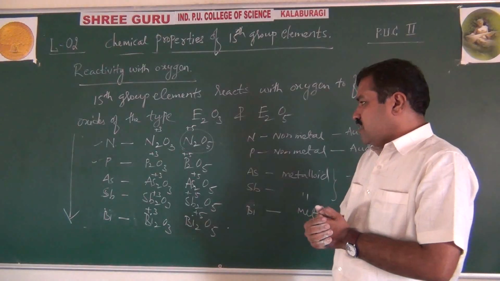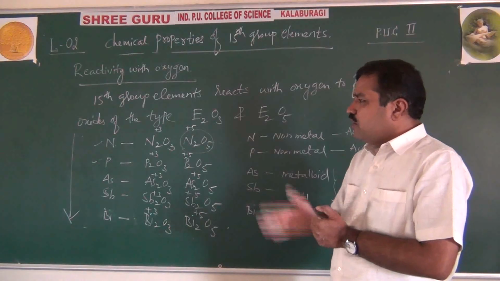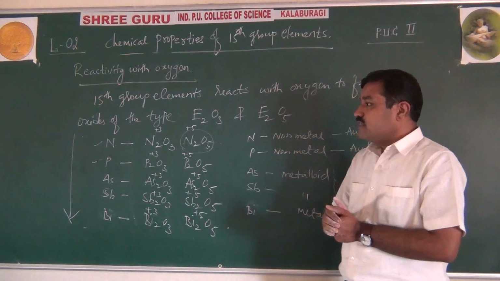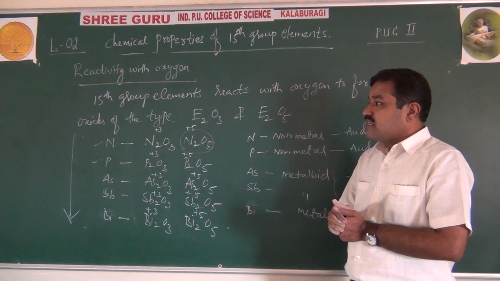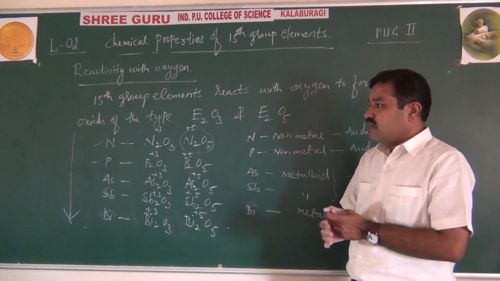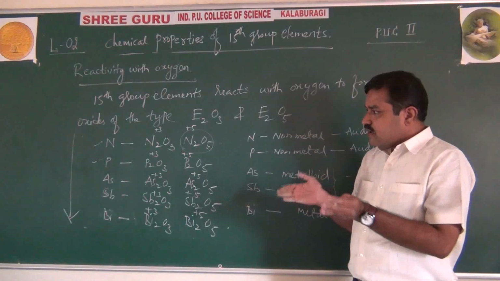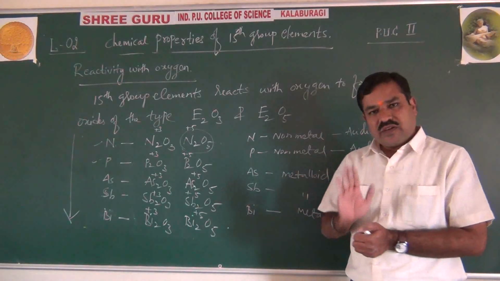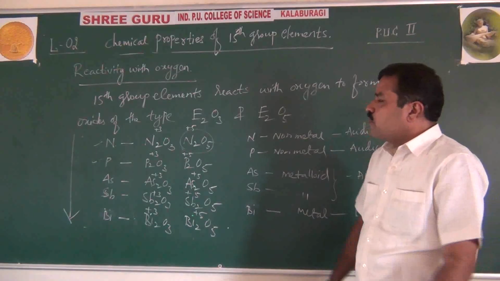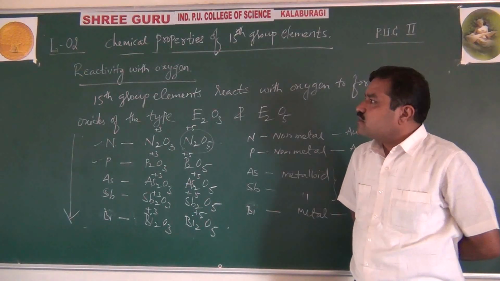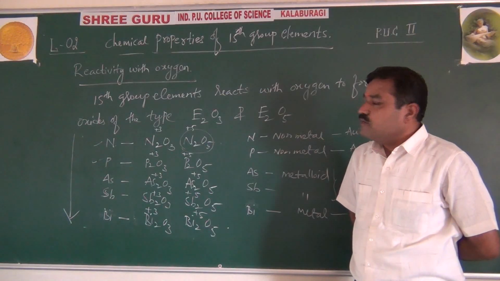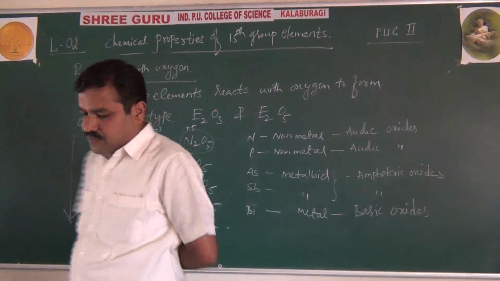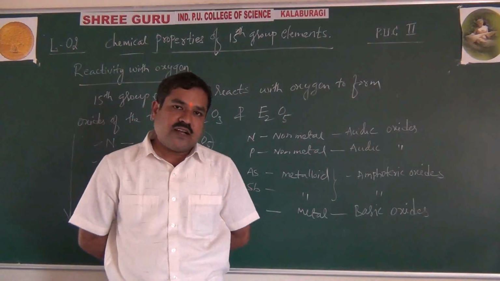Okay. Next, see here. Down the group, in general, I told you the acidic character increases. But which is more acidic here? Nitrogen is more acidic. Why? Because smallest size, highest electronegative atom. But when we compare between the same element themselves, if the oxidation number increases, acidic character increases. Okay, right. So that's about reactivity with the oxygen by the 15 group elements. That is, 15 group elements react with oxygen and form the respective oxides, that is trioxides and pentoxides.